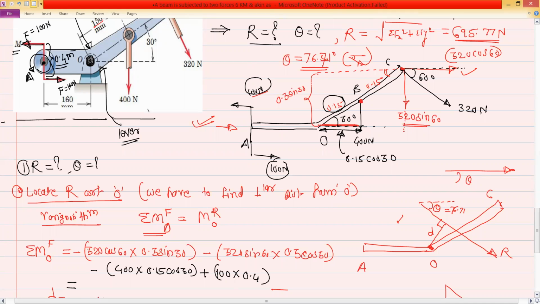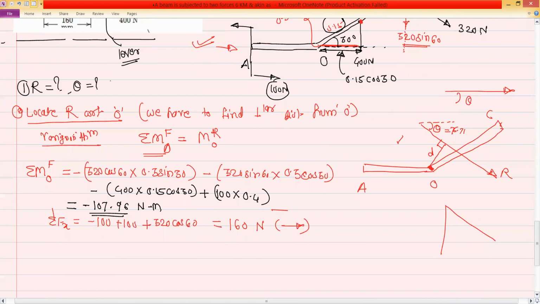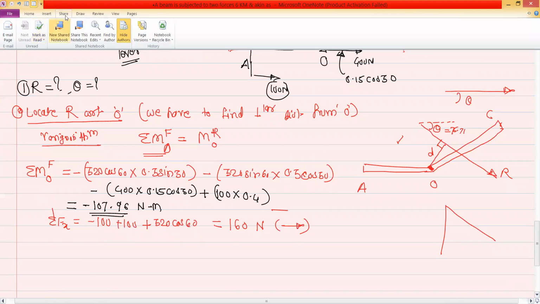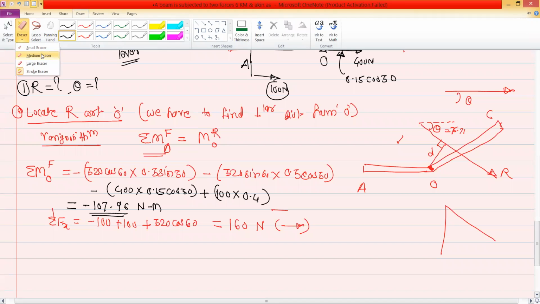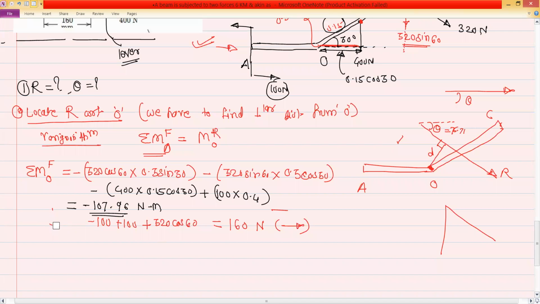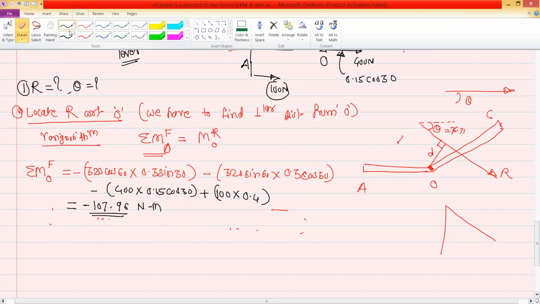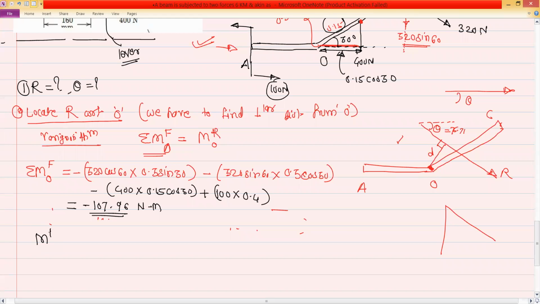So this total answer, the summation of moment, is equal to minus 107.96 Newton meter. Okay, now refer to the resultant system. The moment by the resultant about the same point O is equal to R into D, where R is the resultant and D is the perpendicular distance.